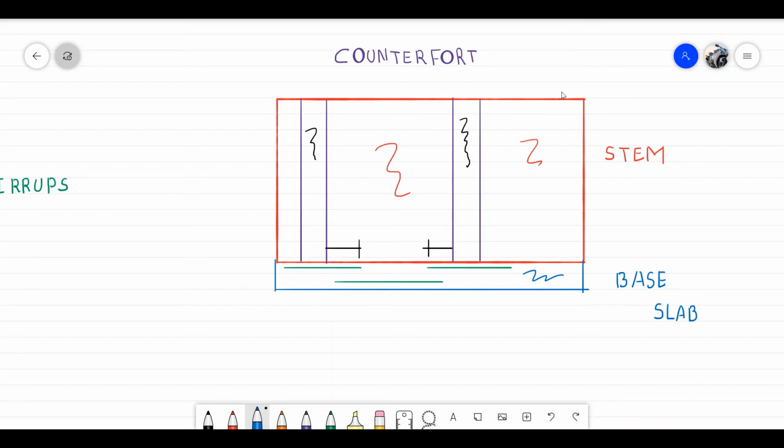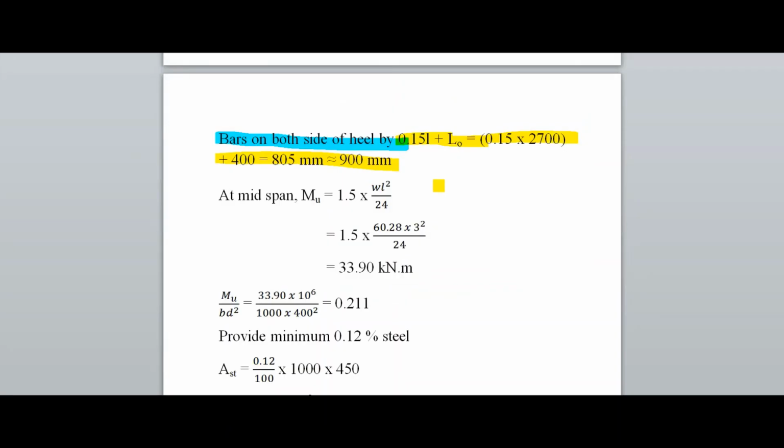We found 900 mm development length means at every counterfort we provide 900 mm extra length for the bar, okay? It's called a development length, right? You understand what is 900 mm.